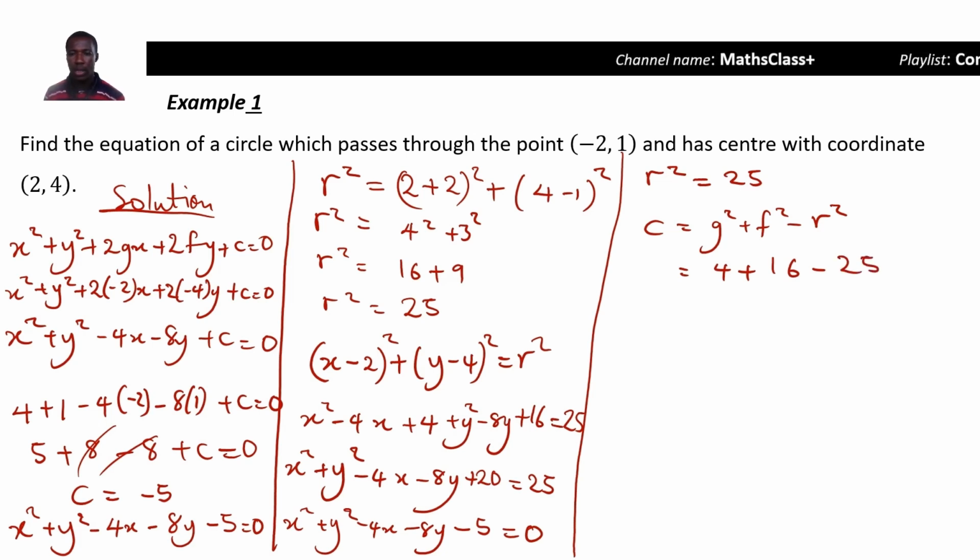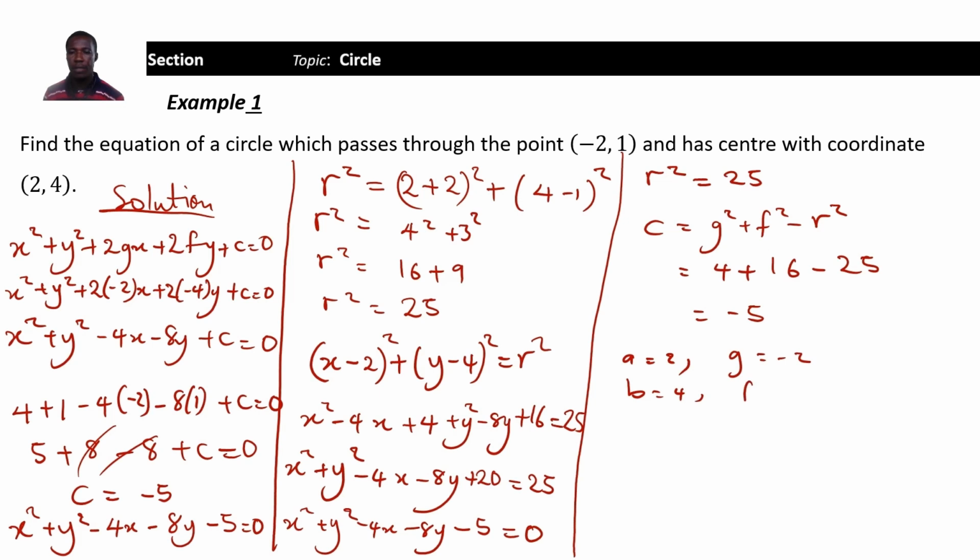So this one, 20 minus 25 is negative 5. That's the value of c. And once you have the center, a is equal to 2. That means g is equal to negative 2. And then b is equal to 4. That means f is equal to negative 4. And then you also have your c as equal to negative 5.